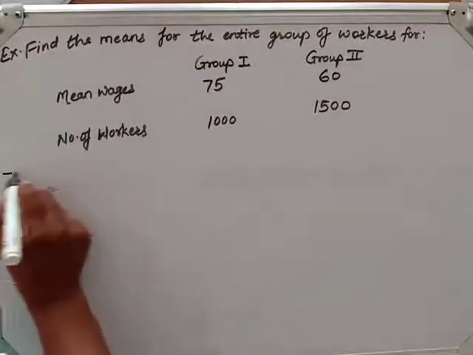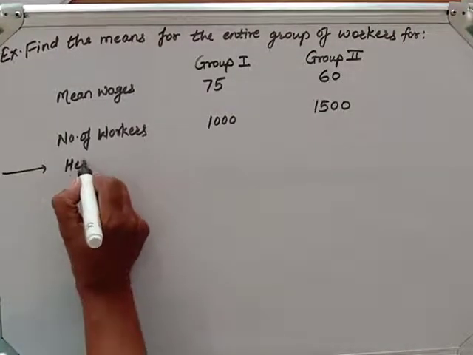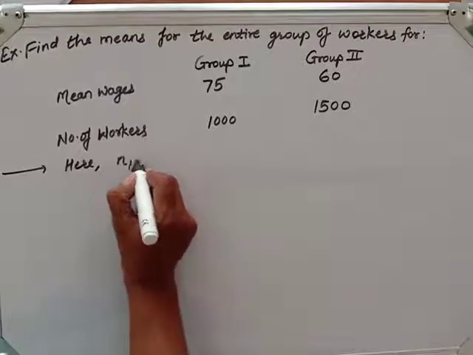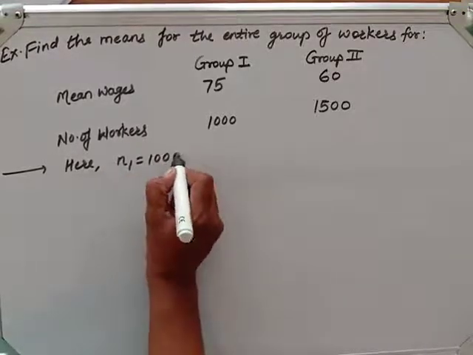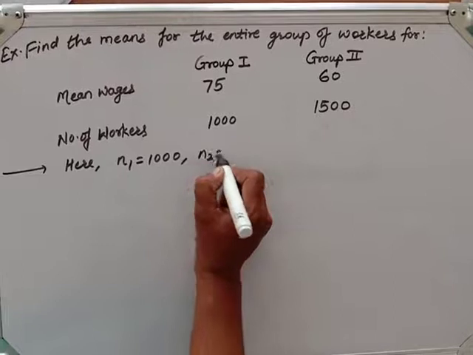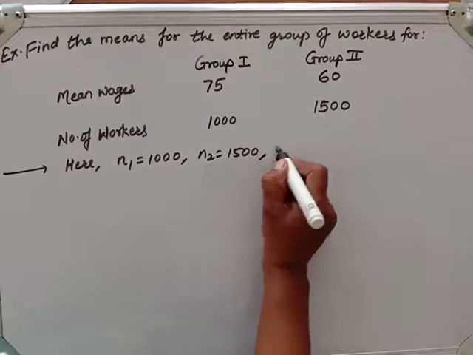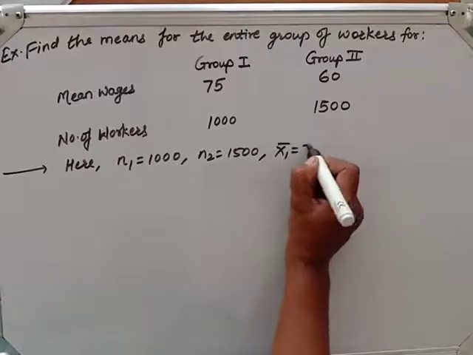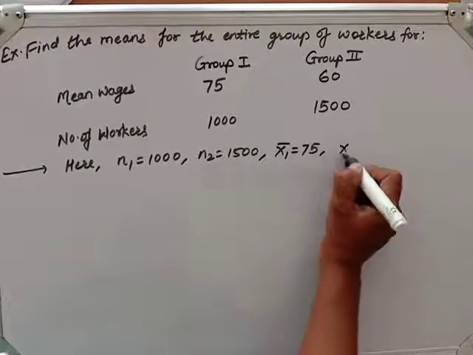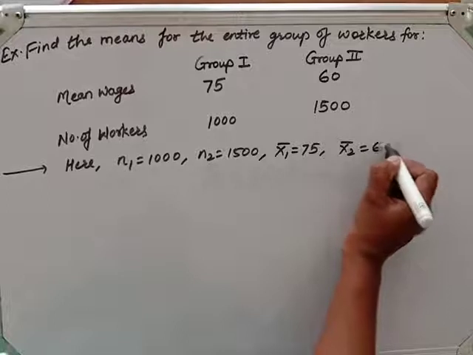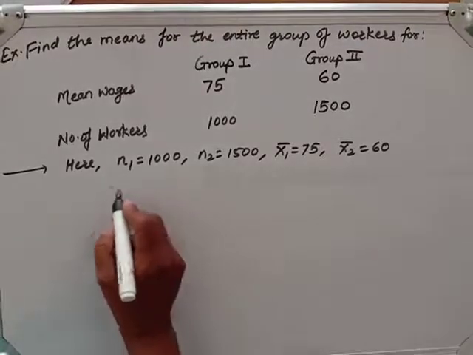So here we get n1 equal to 1000, n2 equal to 1500. Then x1 bar is equal to 75, x2 bar is equal to 60.